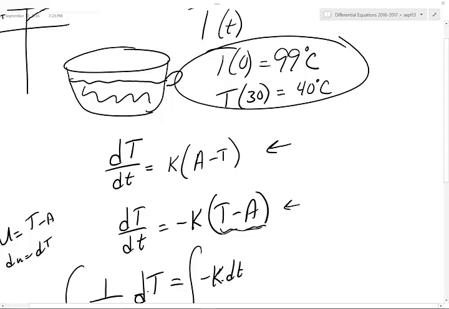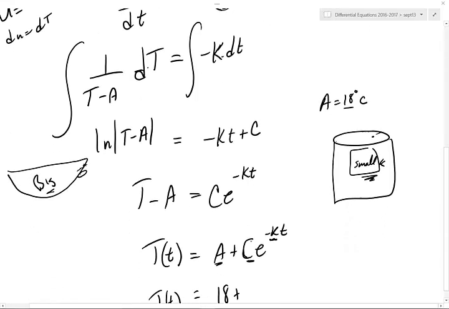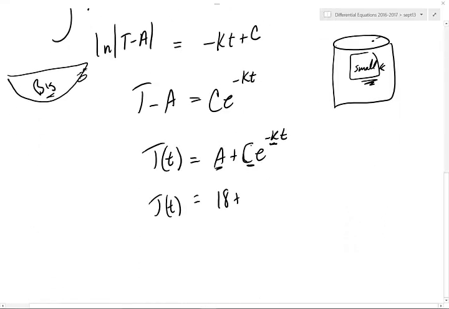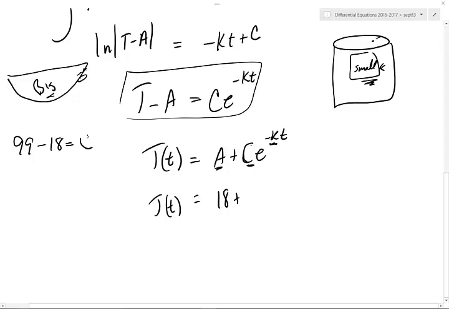Now I'm going to do T of 0 first. Now again, a person could come right up here. Boom. Check it out. Well, at 0, it's 99 degrees, right? So 99 minus ambient is equal to C e to the, but it's e to the 0, so it's just equal to C. So check it out. What is that? 99 minus 18 is 81, right?